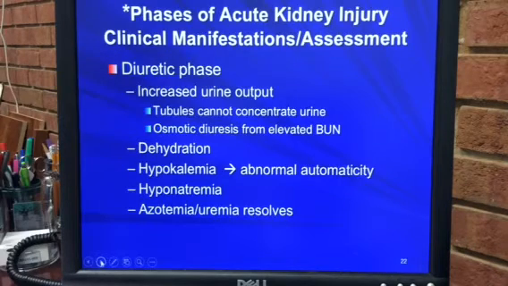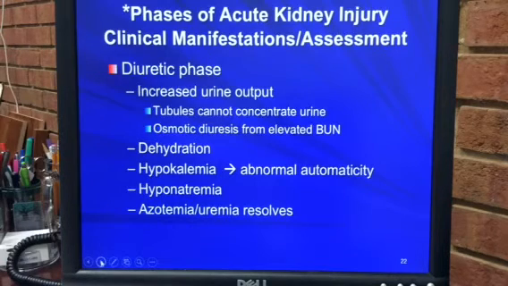Here you have urine output that goes up because the tubules can't concentrate, and also because of an osmotic diuresis from the BUN being elevated. The diuresis can be so pronounced that the patient can become dehydrated.